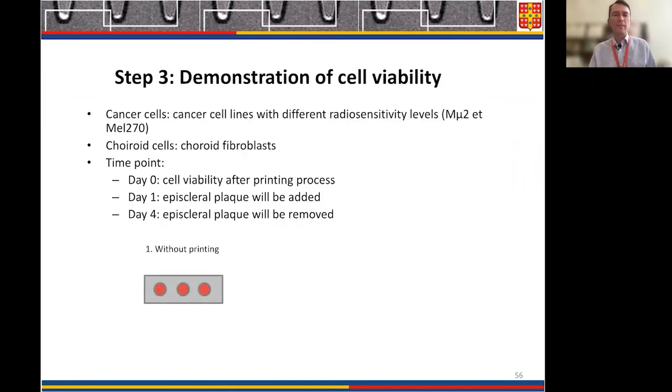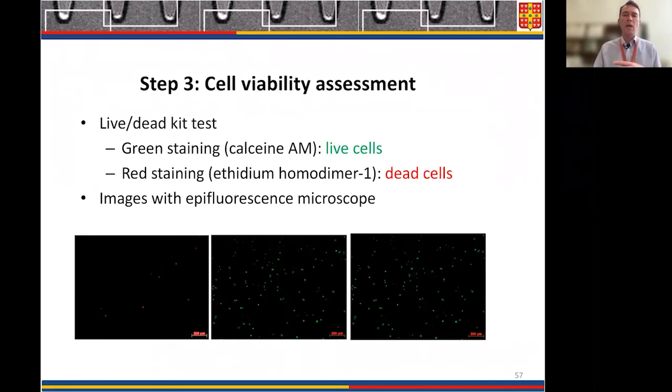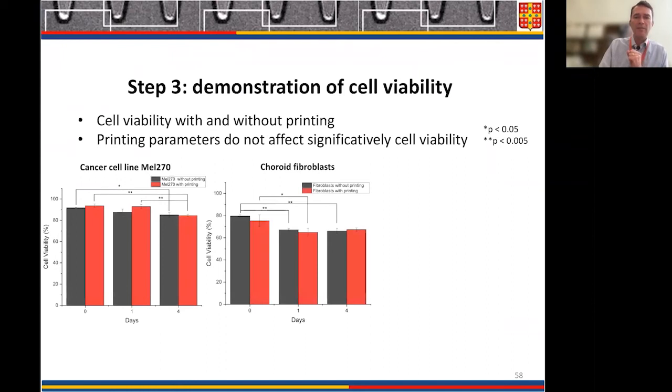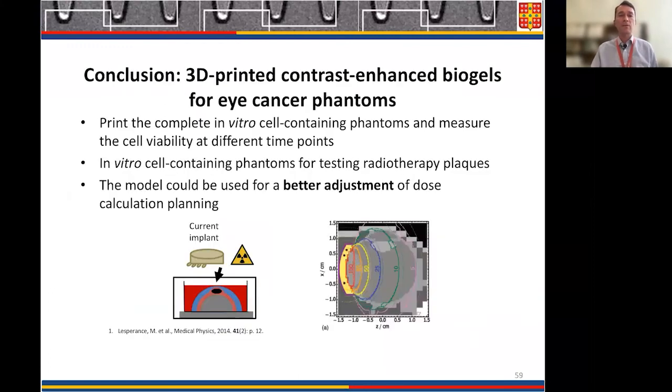And finally, I will go very fast to the cell viability. Of course, we want to use this hydrogel system also to insert cells, and we will use the cells for dosimetry assessment purposes. I will not have the time to talk about it today. And we perform the cell viability assessment in order to make sure that the cells, the choroid fibroblasts, and the different types of uveal melanoma cell lines can survive and are not affected by the presence of the hydrogel.